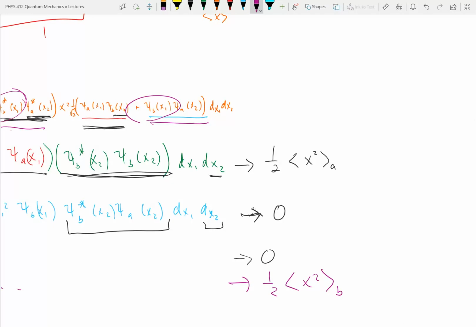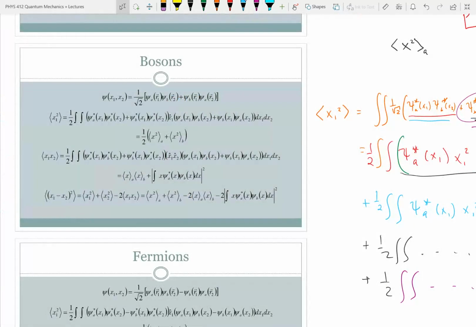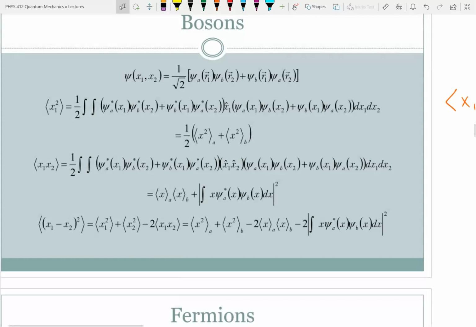Right. So we can see the gory math. And yeah, it is more math, right? It's not at any stage hard as long as you understand your quantum physics rules. Well, the Hilbert space rules is what they really are. And so we see that's what we get for the x1 squared expectation value.